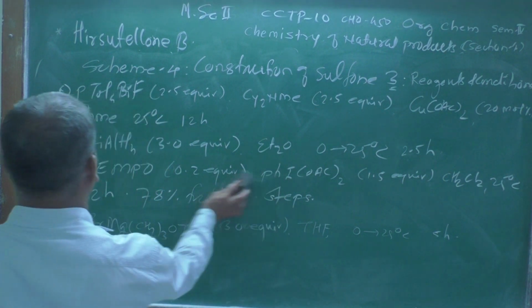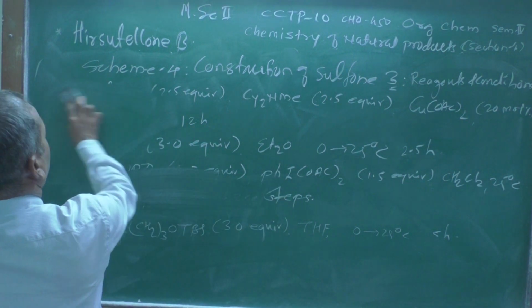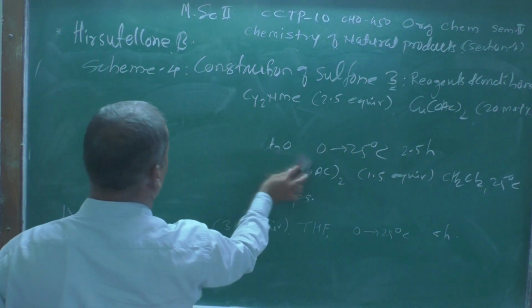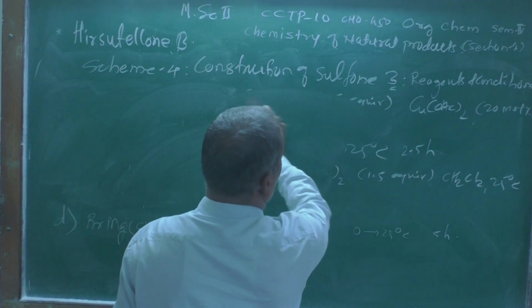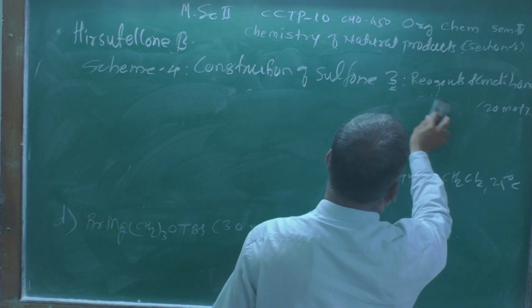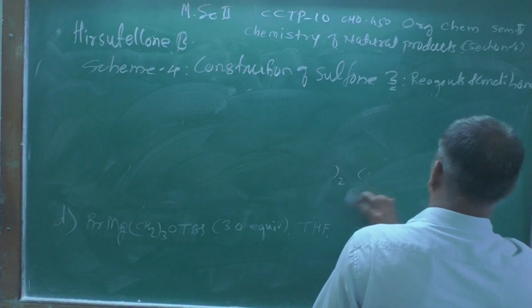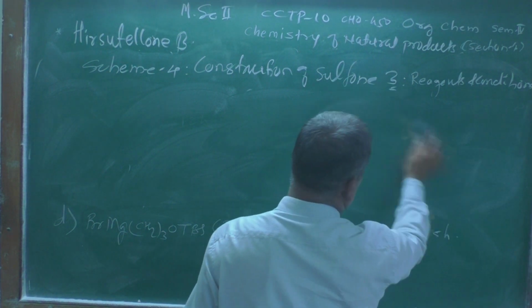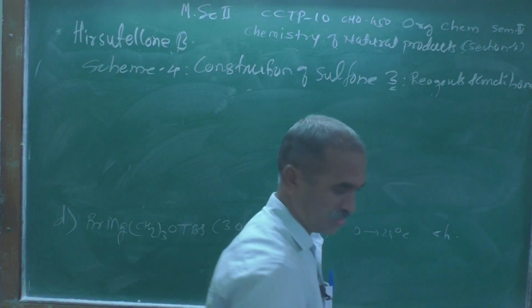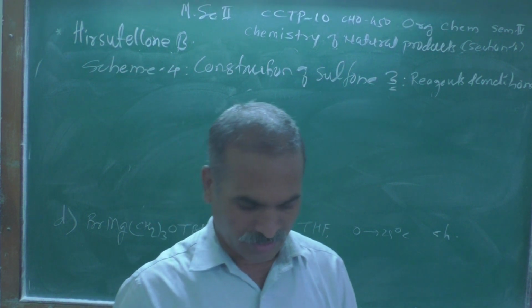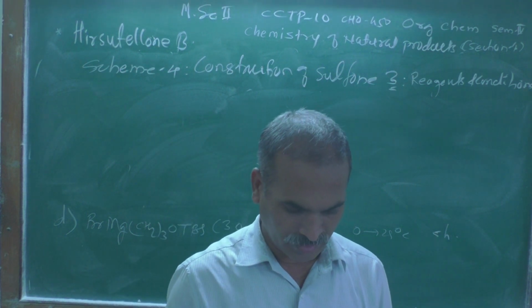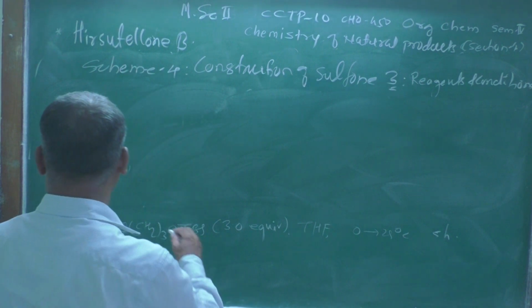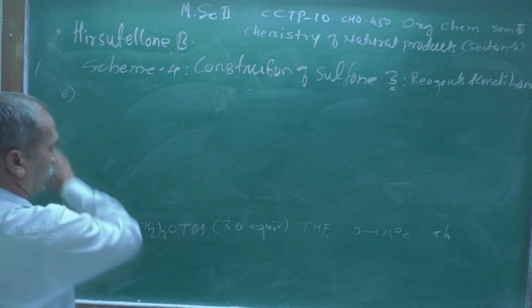Now let us see the remaining reagents and the conditions, how they maintain, or what are the reagents and conditions that we are learning. Now is the reagent number E, after A, B, C, E over here.